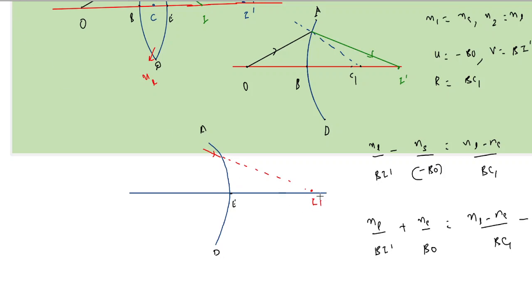It's going towards point I dash, but because of refraction the light further bends and the image is finally obtained at the point I.